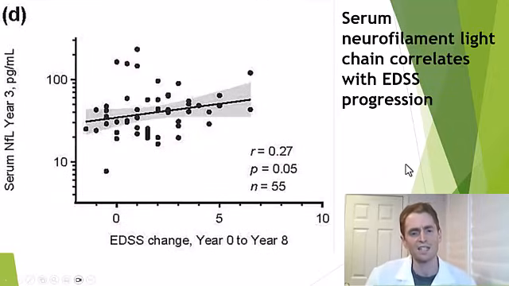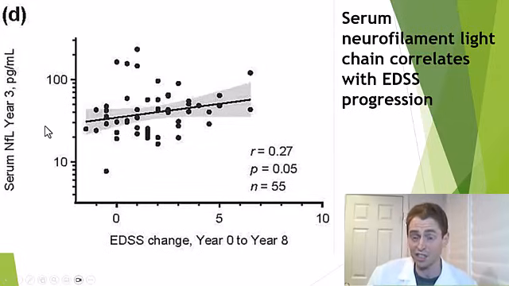For instance, this study looked at the progression of multiple sclerosis as based on the EDSS scale, or Expanded Disability Status Scale, over an 8-year period. And if you looked at the level of neurofilament light chain in the blood at year 3, just a single point in time, there was a weak correlation with overall progression of disability.